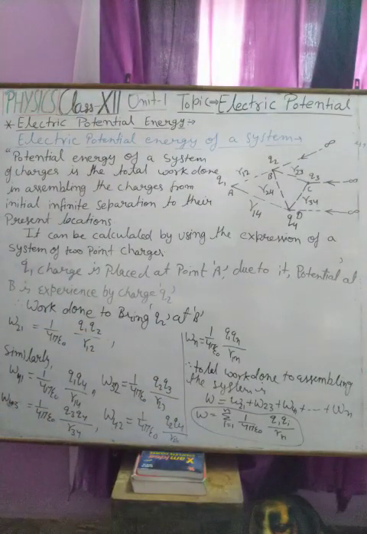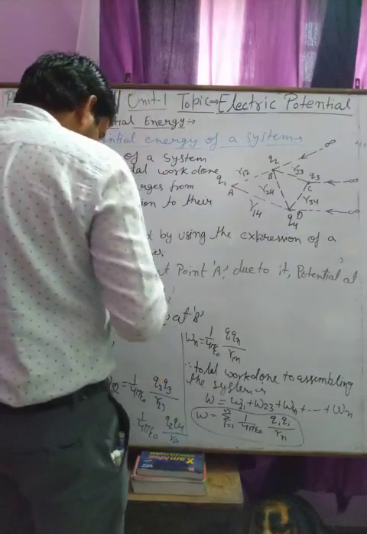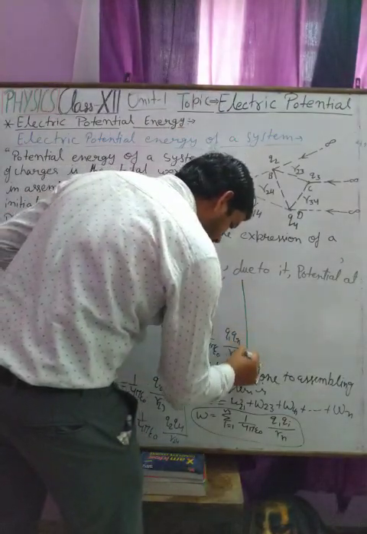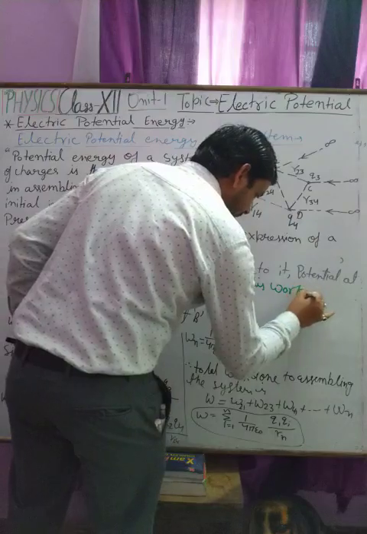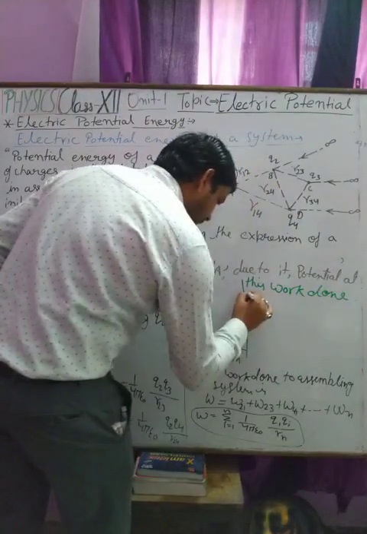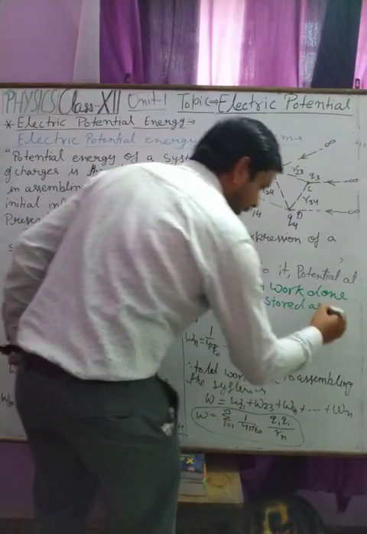This is the total work done to assemble this system. Now this total work done is stored as potential energy of this system, which is given by this work done is stored as potential energy.